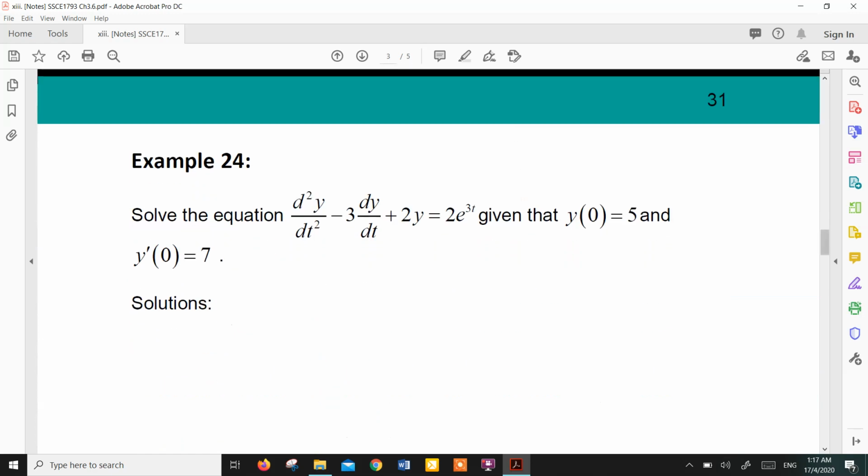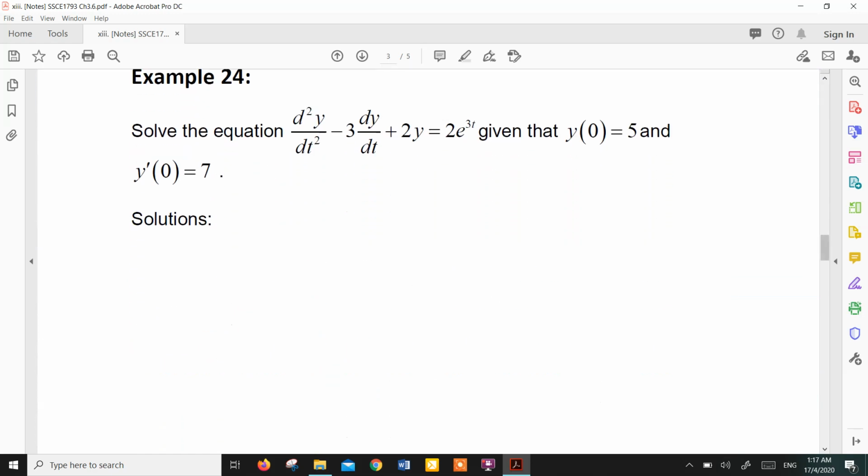Example 24. Solve the equation d squared y over dt squared minus 3 dy over dt plus 2y equals 2e to the power of 3t, given that y(0) equals 5 and y prime (0) equals 7. Firstly, the first step is to rewrite your equation in Laplace form.